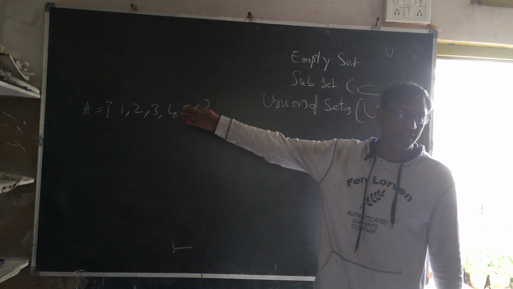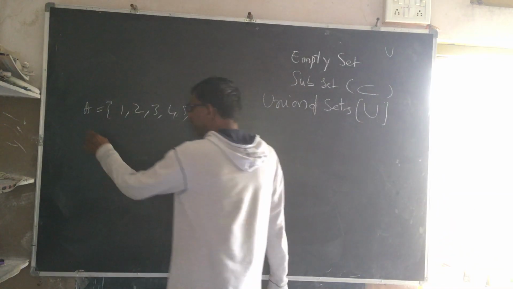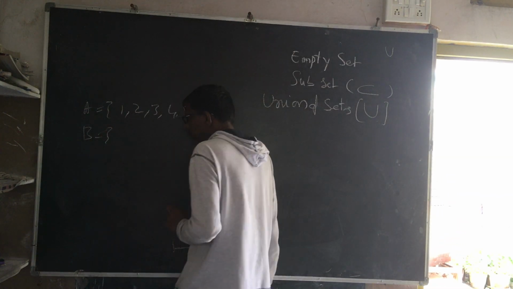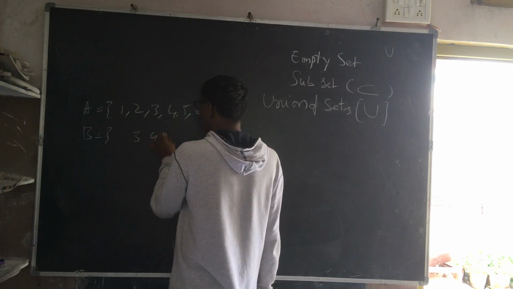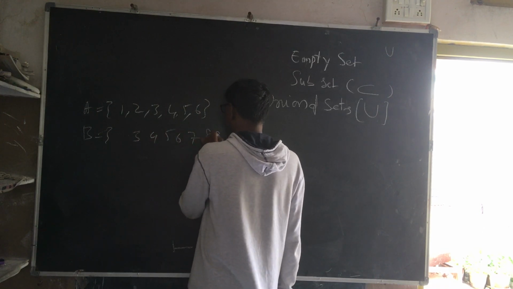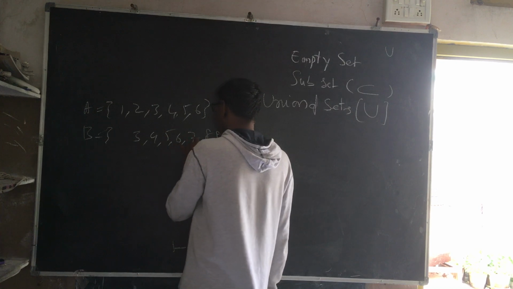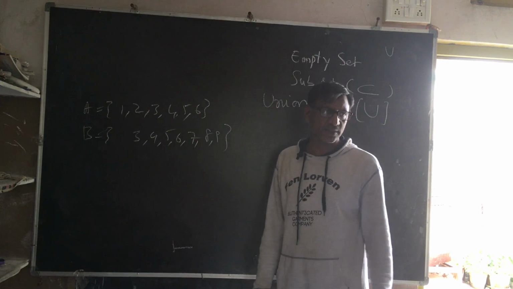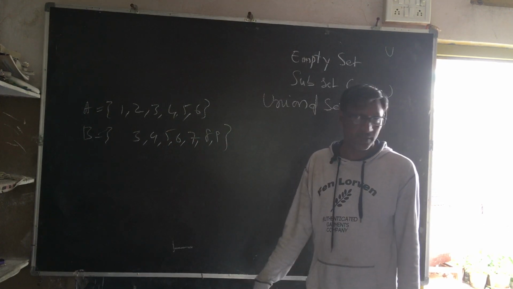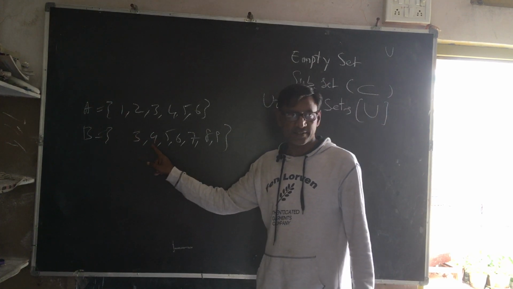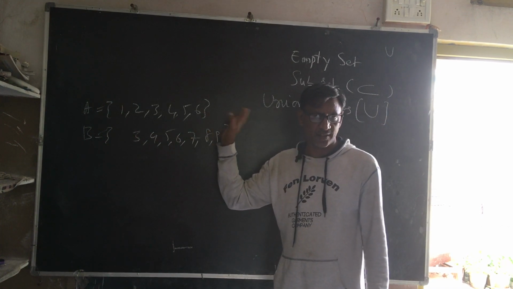These are my elements, keep in mind. And B equals {3, 4, 5, 6, 7, 8, 9}. These are all natural numbers. They have a common property: by adding 1, we get the next one.